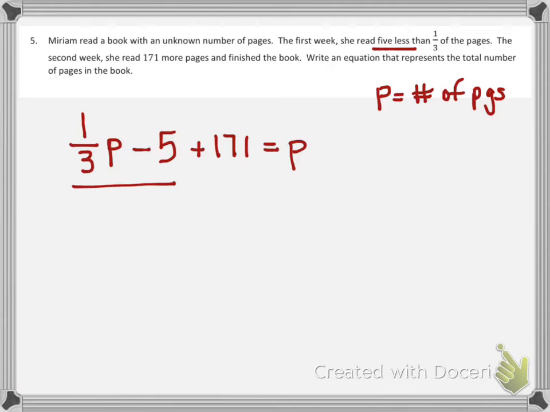And the second week, she read 171 pages, and that was the whole book. So when I add week 1 plus week 2, I get the total. All right, 1/3 P minus 5 plus 171 equals P.